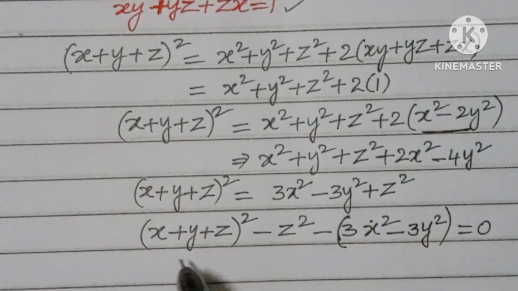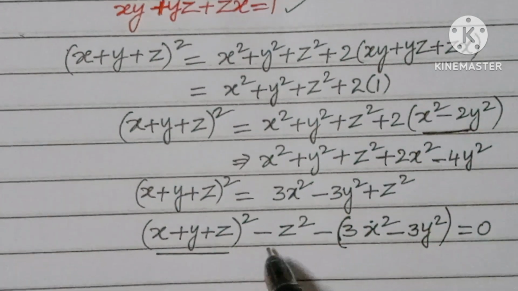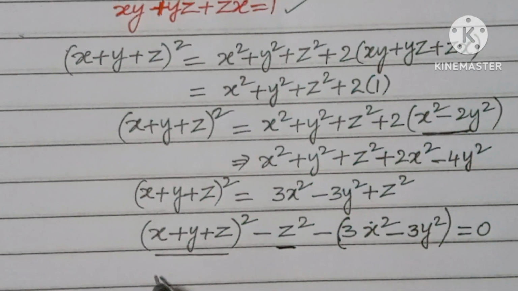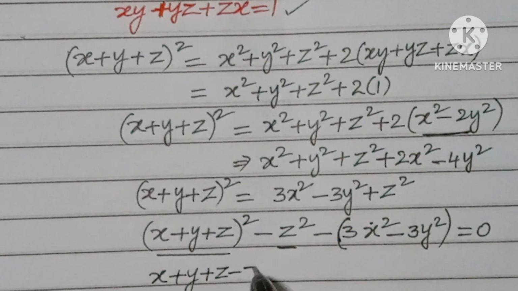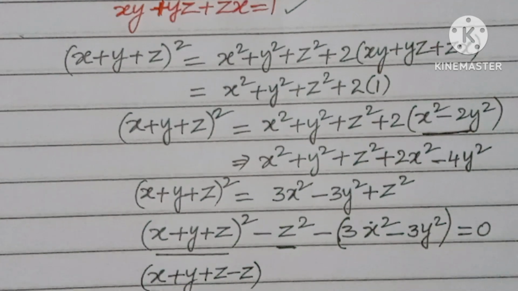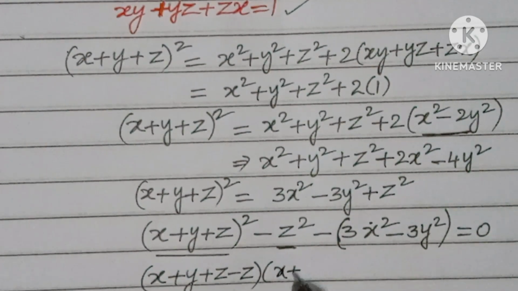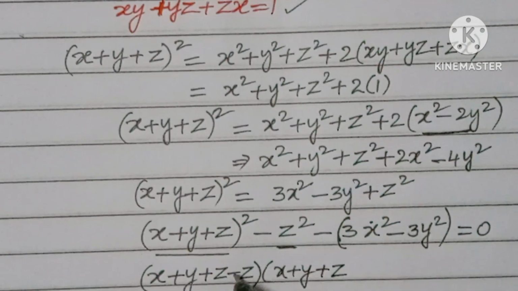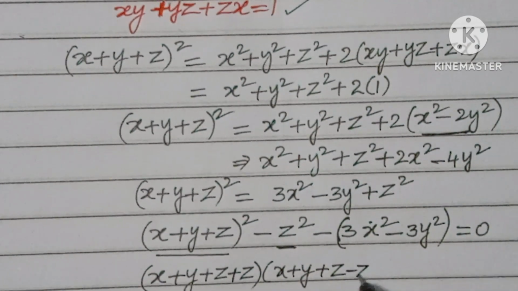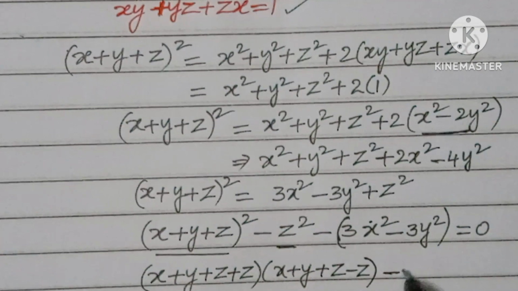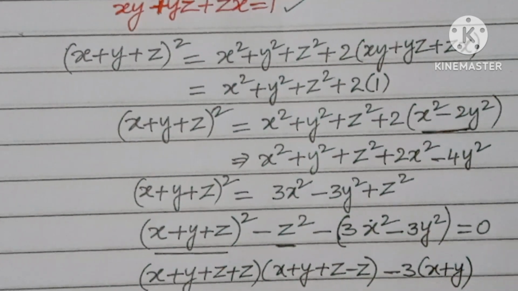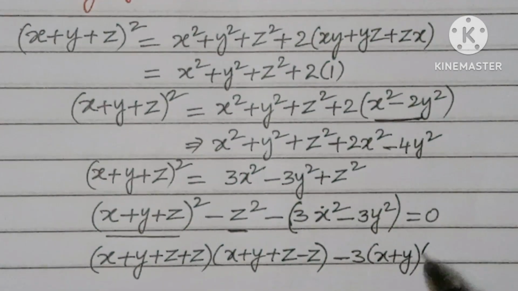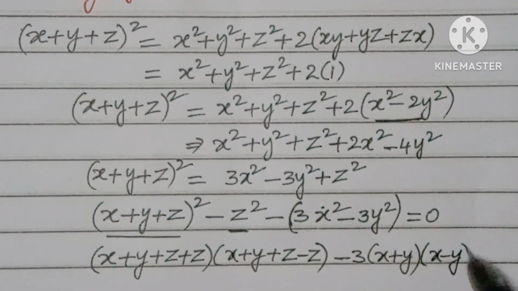Now here you'll get a square minus b square: x plus y plus z minus z, x plus y plus z plus z, minus 3 into x plus y into x minus y equal to 0.